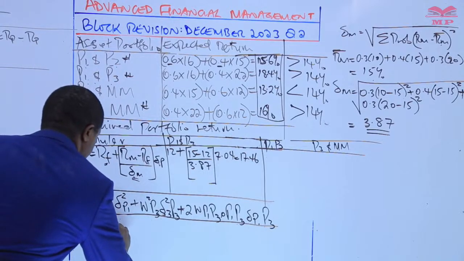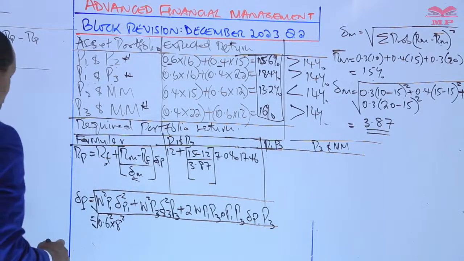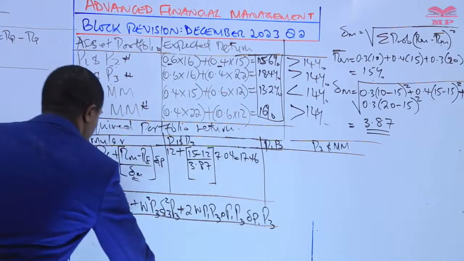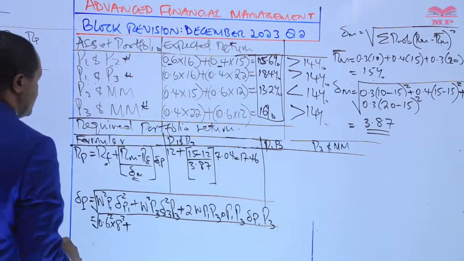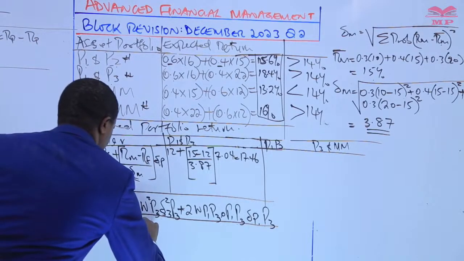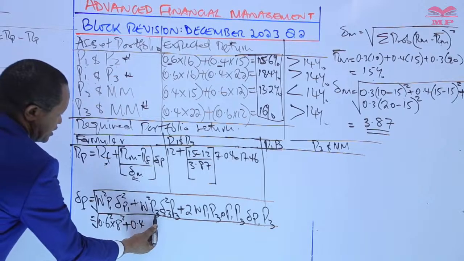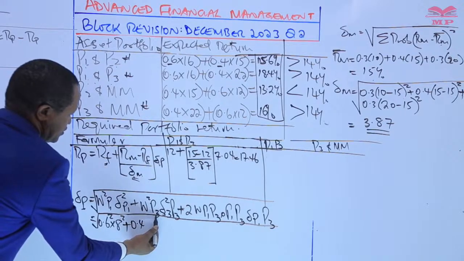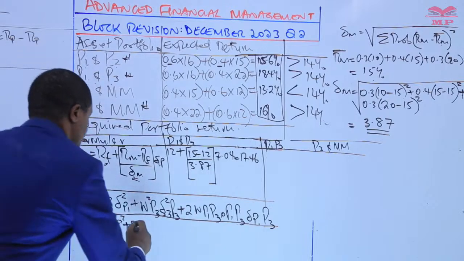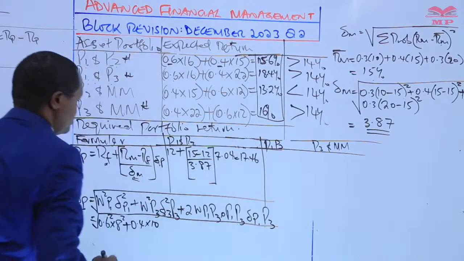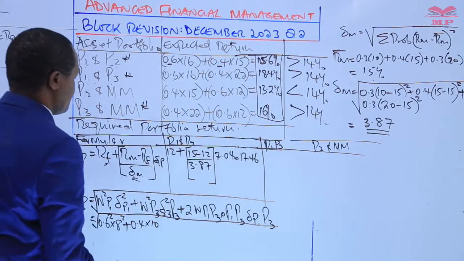We square it, 8 squared, plus 0.4, the weight for P3, squared, times the standard deviation for P3, which is 10 times 10.